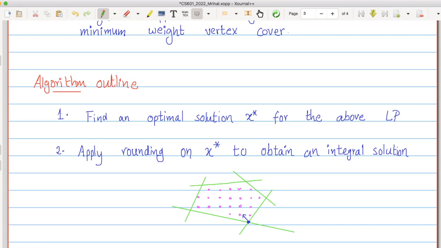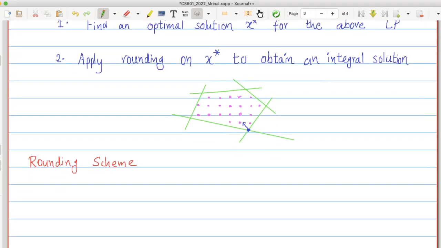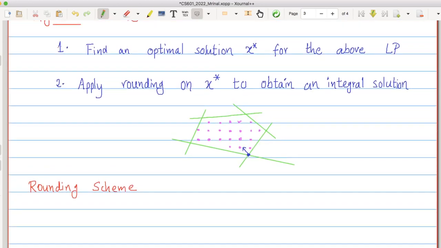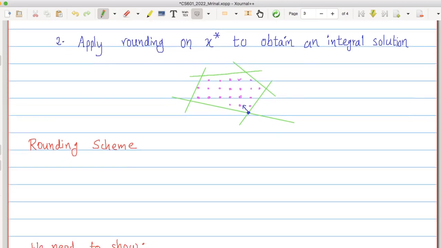So let's see what our rounding scheme is. Let's call this integral solution which we will get, I mean, it will represent a set, right? A 0, 1 solution, you can always view it as a subset of vertices, right?